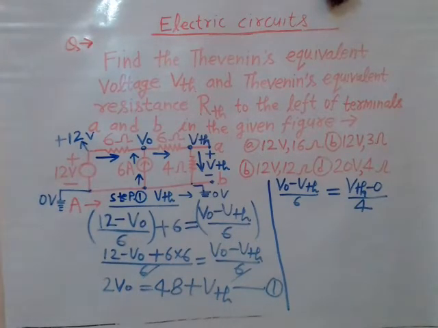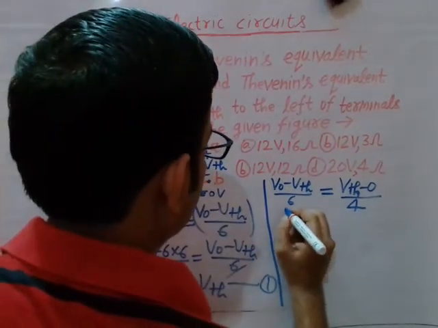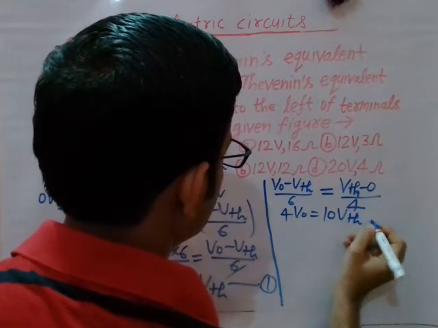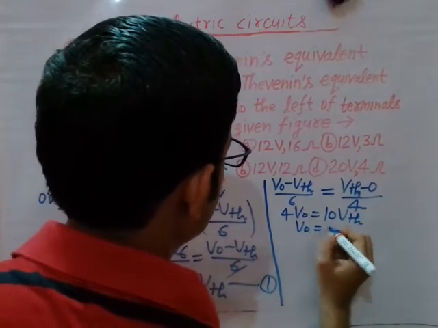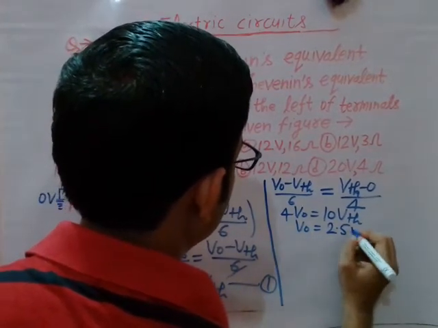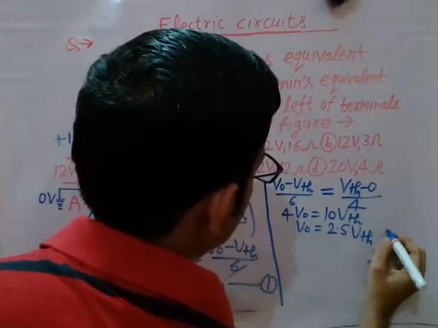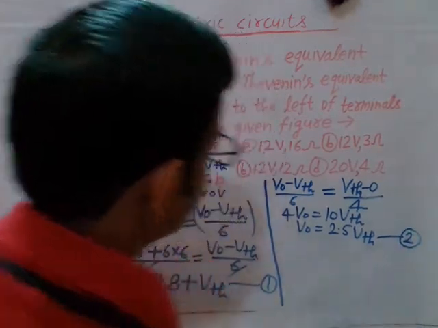Just solve this, 4 V naught is equal to 10 VTH, or V naught is equal to 2.5 VTH, right? So this is suppose equation number 2.